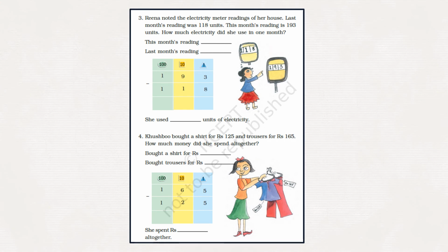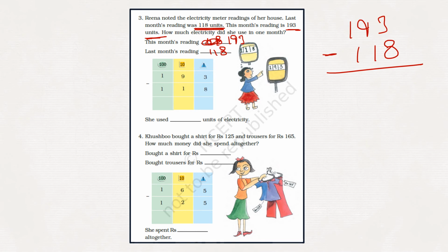Reena noted the electricity meter readings. This month's reading is 193 units, and last month's reading was 118. How much electricity did she use in 1 month? Okay, so 193 minus 118. 13 minus 8 we cannot do.